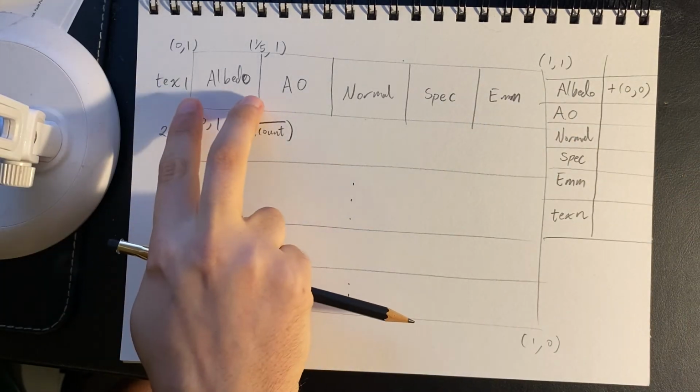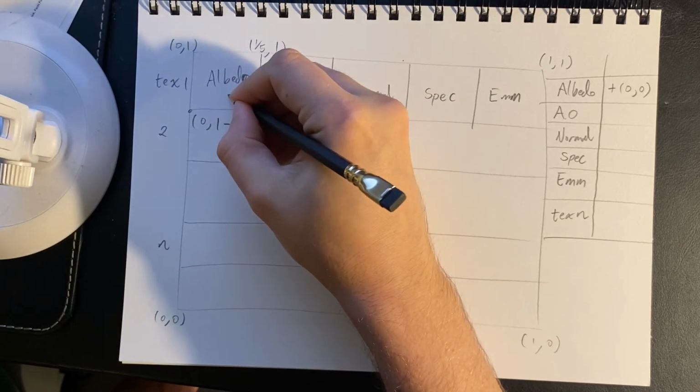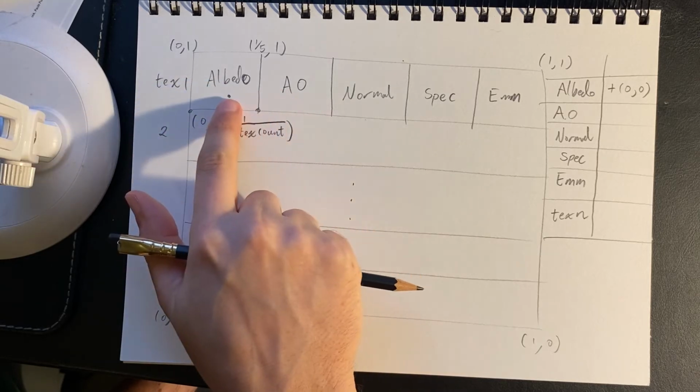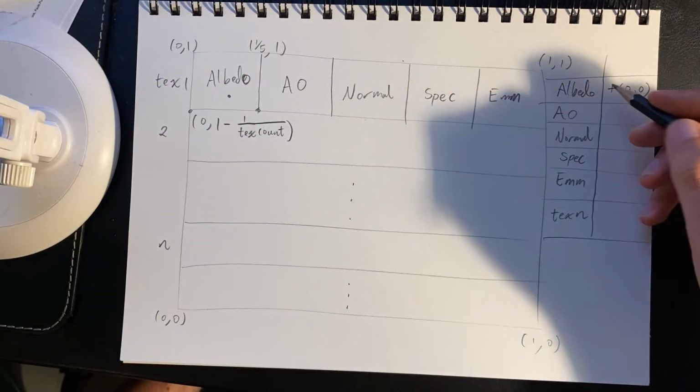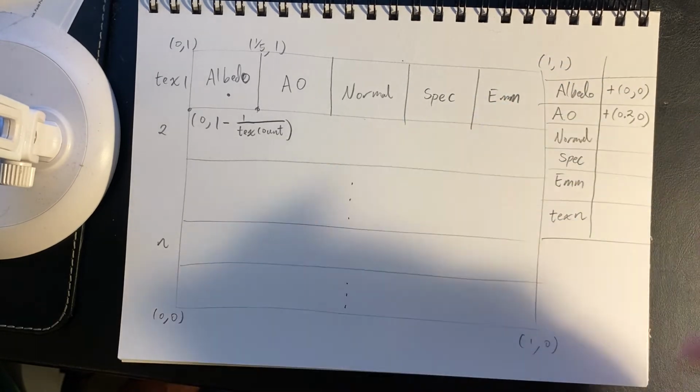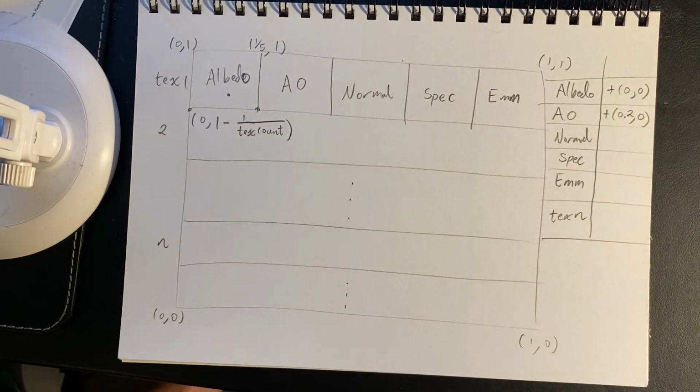But then let's say we have a pixel here that we're sampling. If you want to sample that same pixel in the ambient occlusion, well, it's shifted to the right by 0.2. Obviously we don't shift vertically.